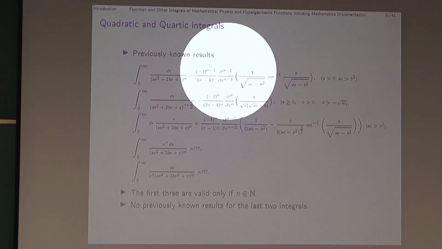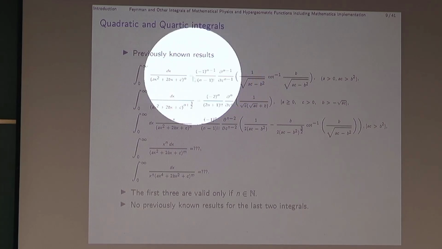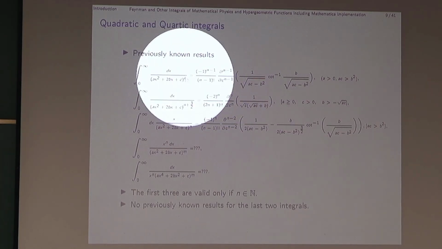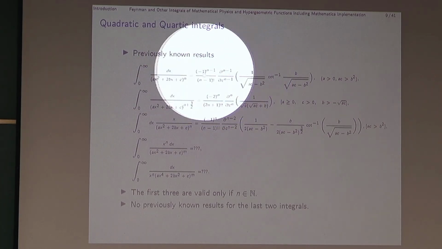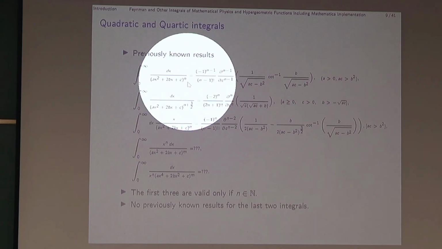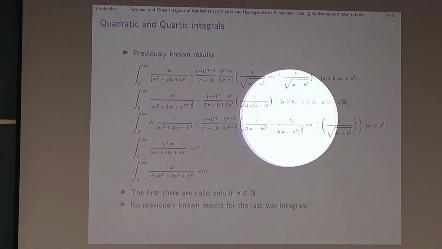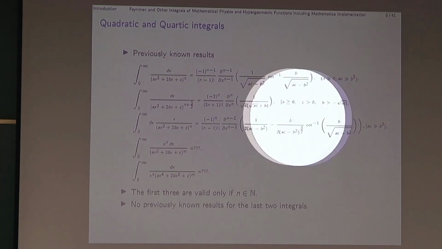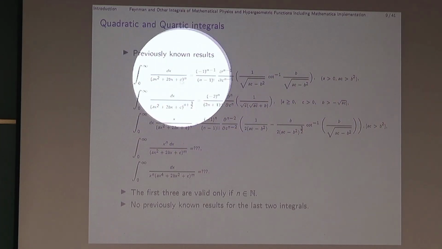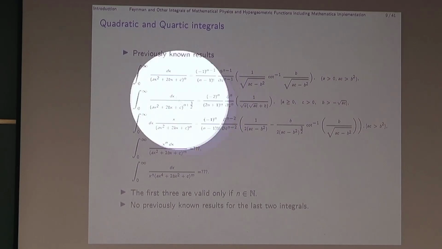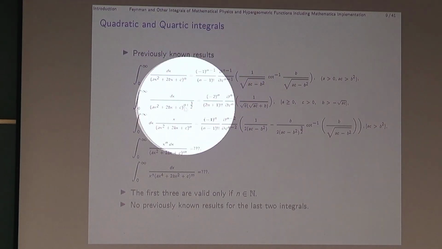This kind of partial derivative is known only for integers, because you have the nth power sitting over here, and the answer is not known for values of n which are not integers. So we actually solve this problem by introducing this method of brackets, so that this particular integral we can express even for non-integral values of n.